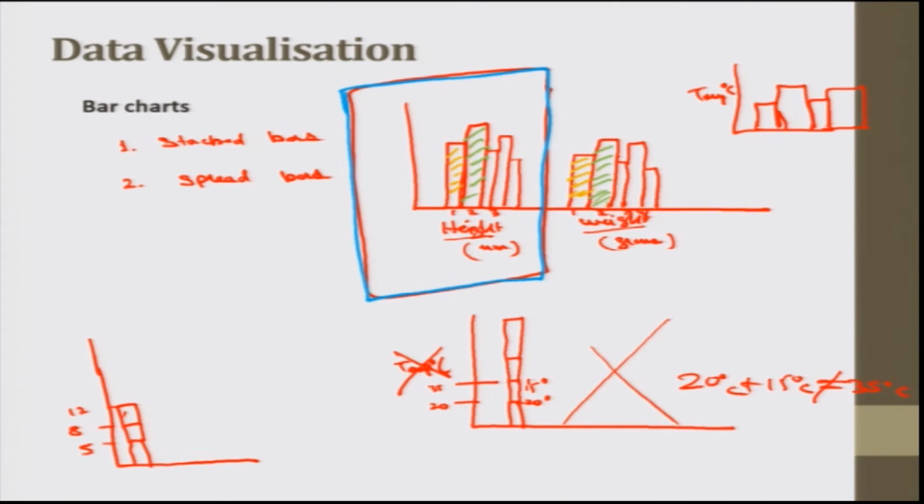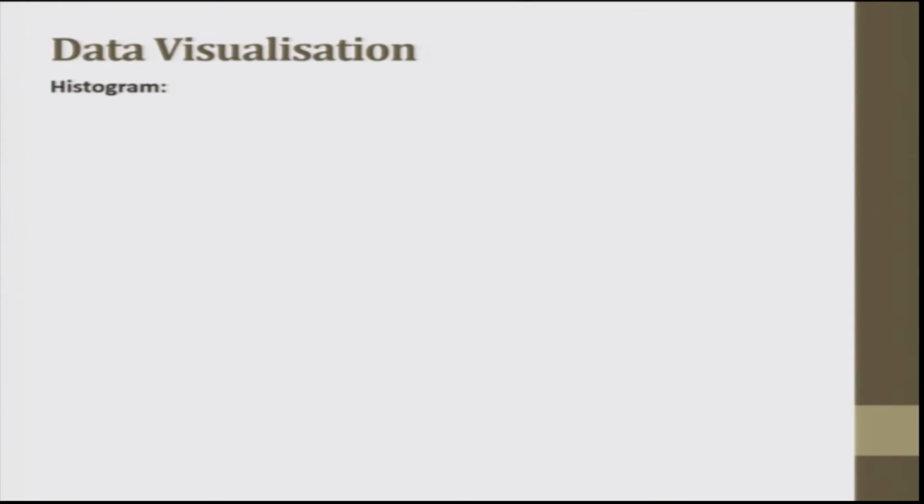Okay, this is 4, this is 3, this is 5. In that case, stacked bar can be used. Okay. So we have to be very careful which kind of chart or which kind of graphical tool we are using for our data. We just cannot pick anything and put any data over there. Okay. So next is the histogram.